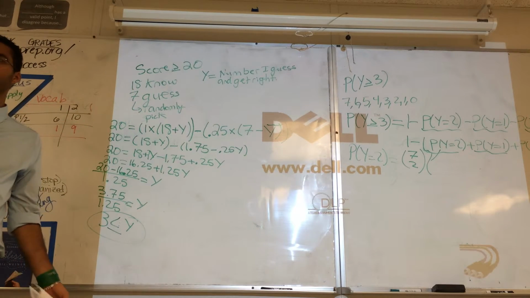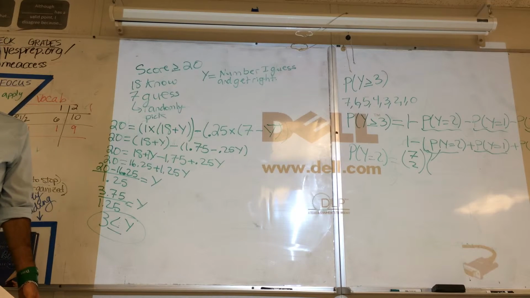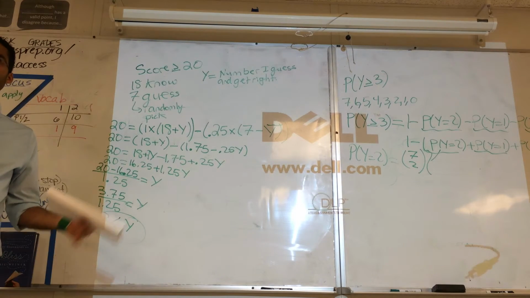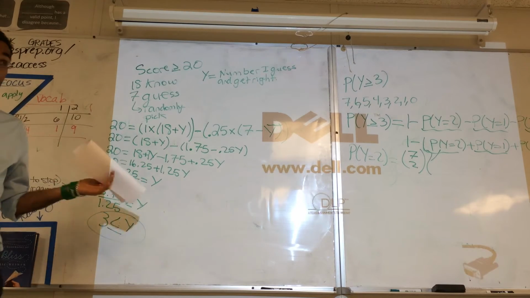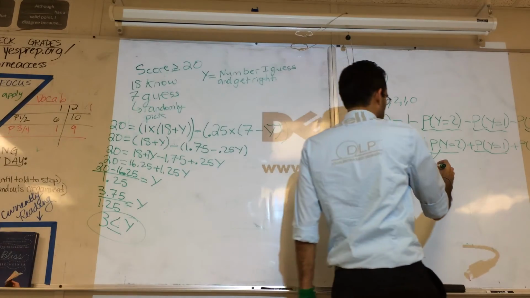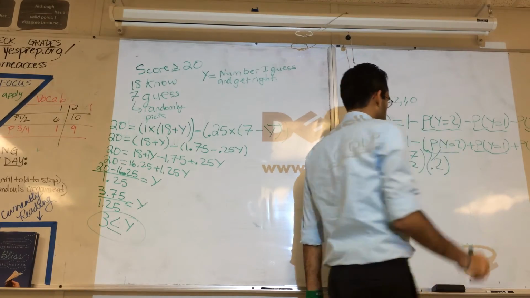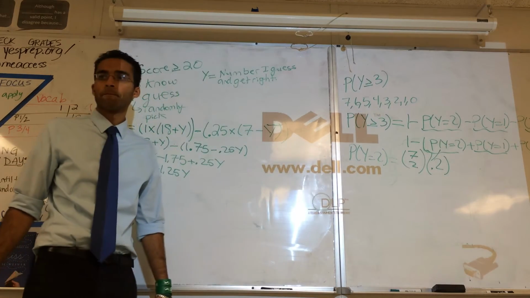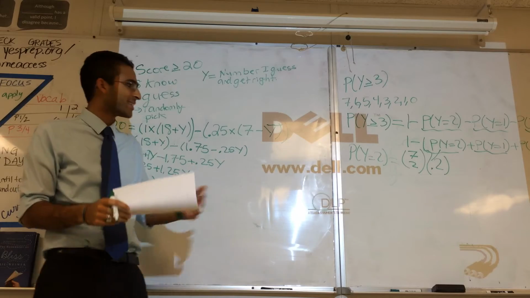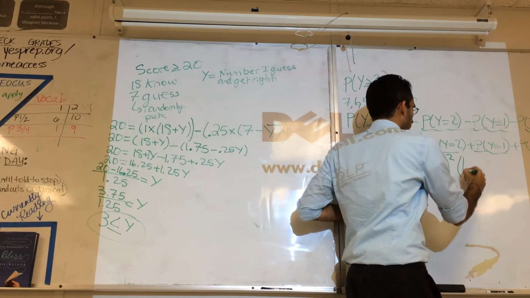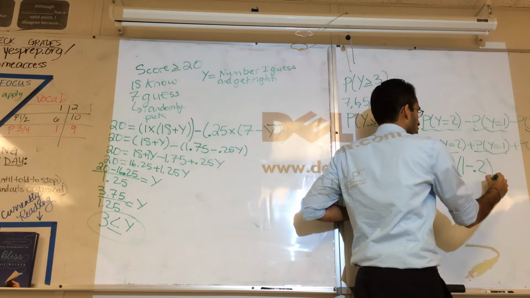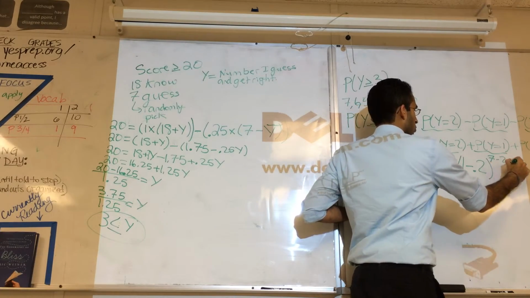If there's 5 answer choices and I'm guessing randomly, what's the probability of success? 1 out of 5, so 0.2, 20%. So 0.2 raised to which power? Okay. To the k power. In this case, k is 2, times 1 minus 0.2 raised to the 7 minus 2 power.